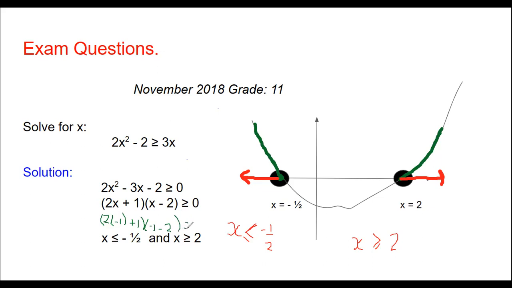I know that 2 times minus 1 is minus 2, and minus 2 plus 1 is going to give me a minus 1. And minus 1 minus 2 is going to give me a minus 3. And if I multiply that, minus 1 times minus 3, that's going to give me a 3, which is greater than 0, which is what I'm looking for. Okay?